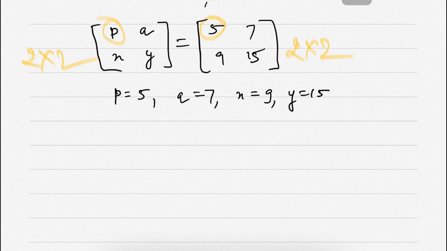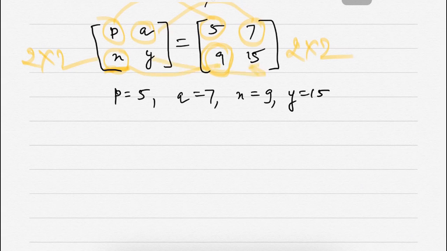Now their corresponding elements: P corresponds to A11. Here 5 is A11, so P will be equal to 5. Second element, that is A12 in the first matrix. In the second matrix, A12 is 7, so Q will be equal to 7. Here this element is A21 and A21 in the second matrix is 9, so X will be equal to 9.